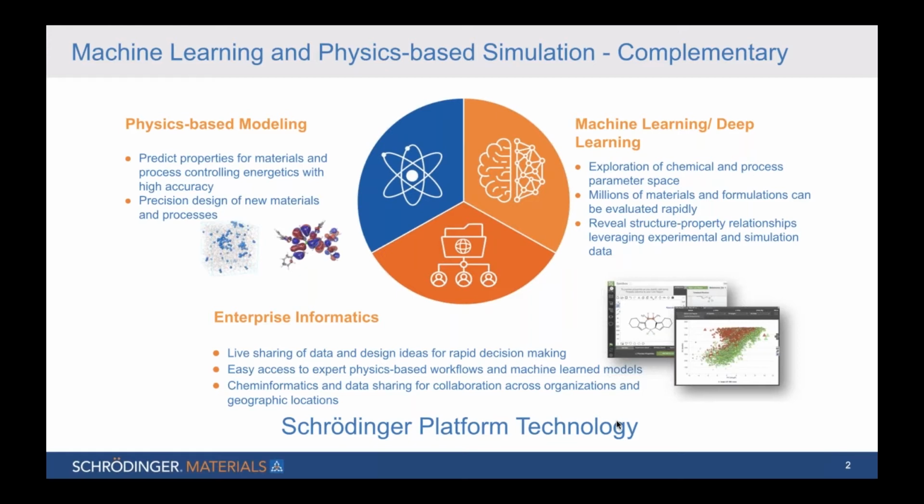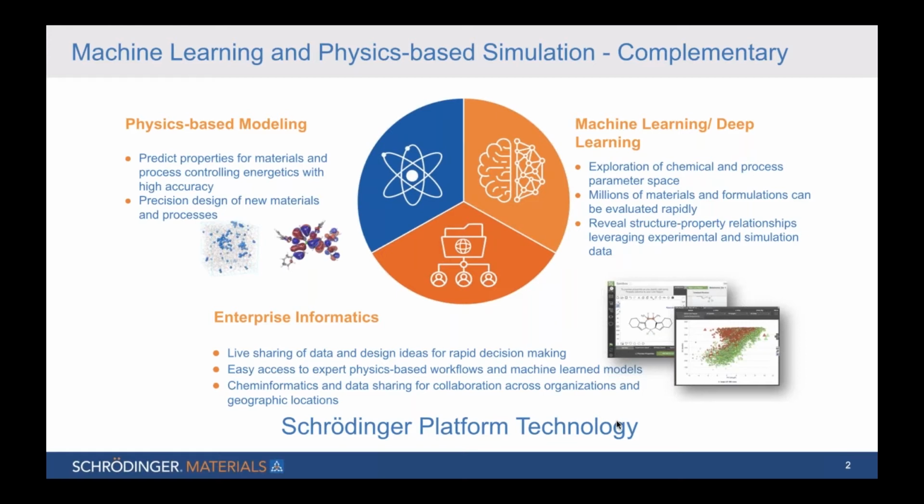However, in order to realize the great potential of machine learning, data needs to be put into a central place, organized and analyzed in such a way that it's easy to understand and easy to share. That is where the informatics platform solution comes into the picture.